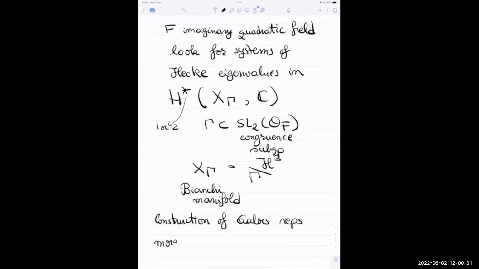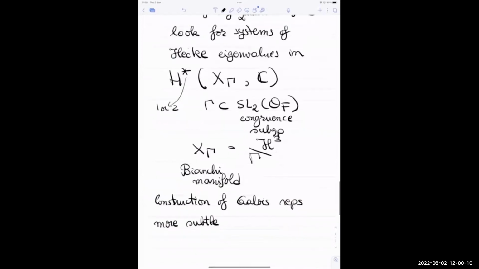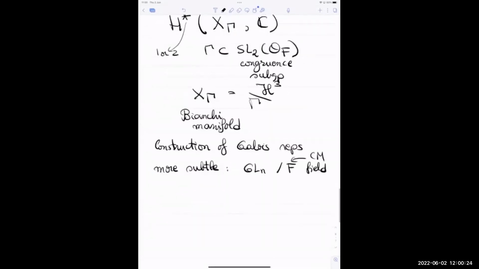But this is more subtle, and in particular, understanding the p-adic Hodge theoretic properties of these Galois representations when you restrict to the decomposition group at p is more subtle. And I guess in full generality over CM fields, let me just say, so for GL_n over F, where F is a CM field, this is work of Harris, Lan, Taylor, and Thorne, and also Scholze with a different method.